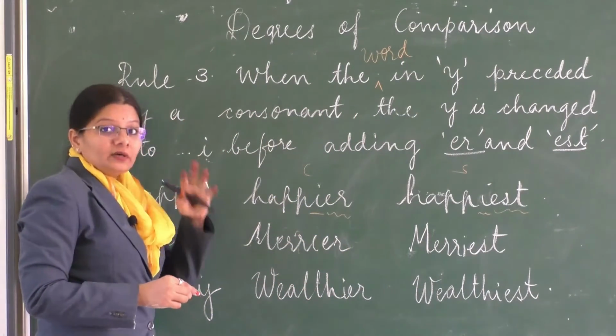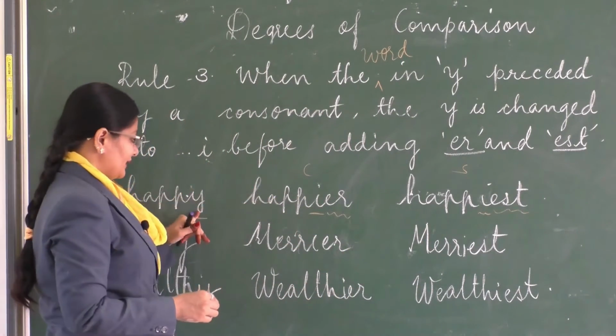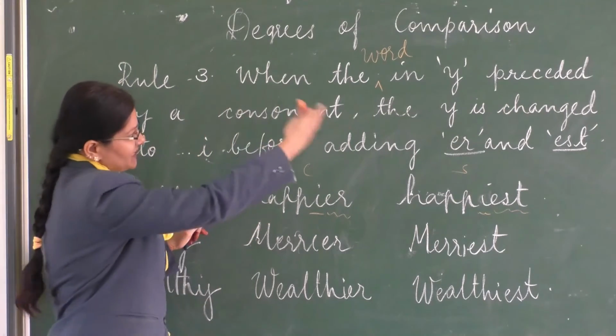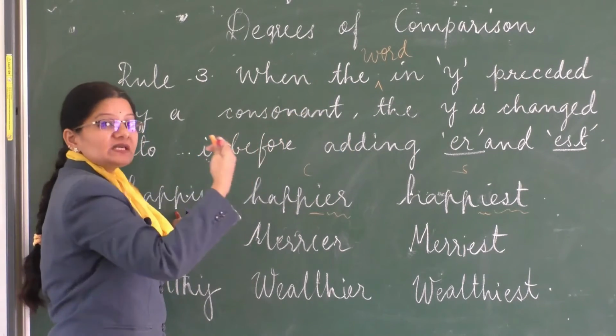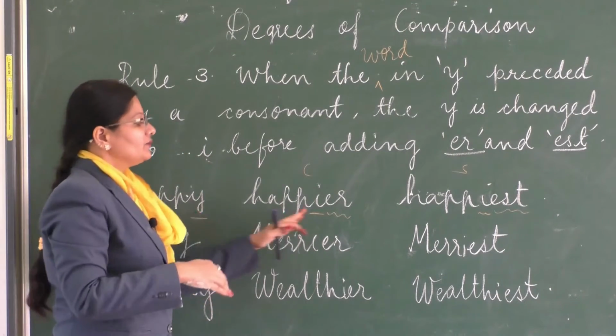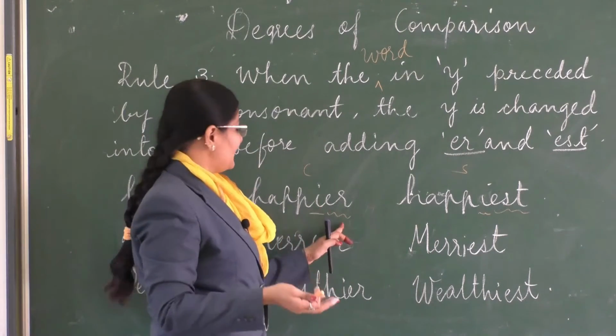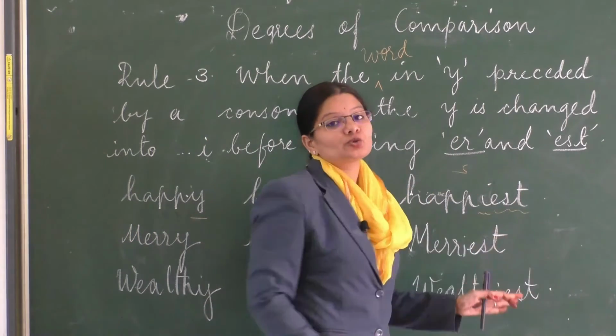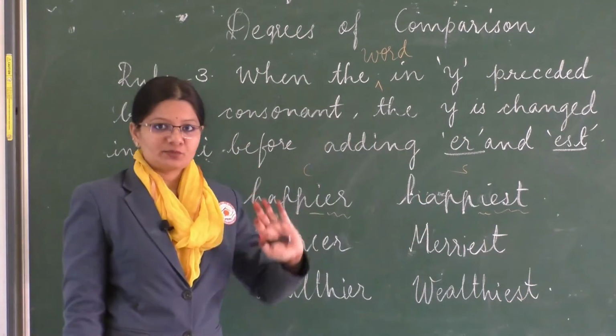So whenever a word ends with y and it has a consonant before it, you would remove the y, replace it with i, and then add er and then est to make it comparative and superlative respectively.